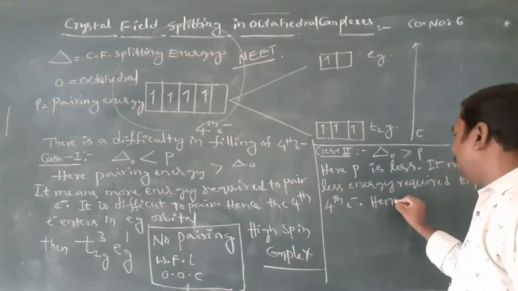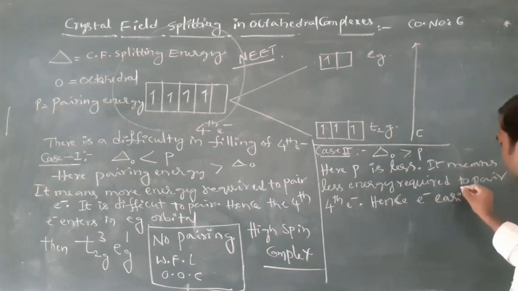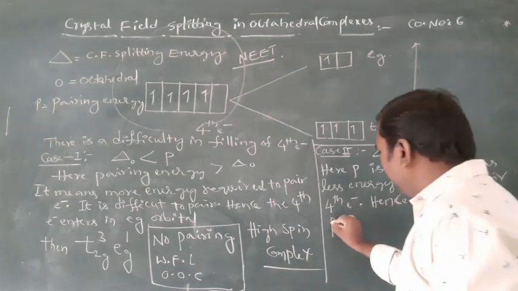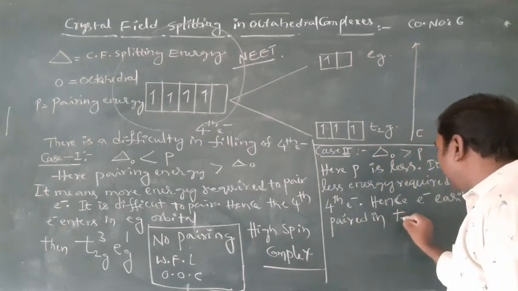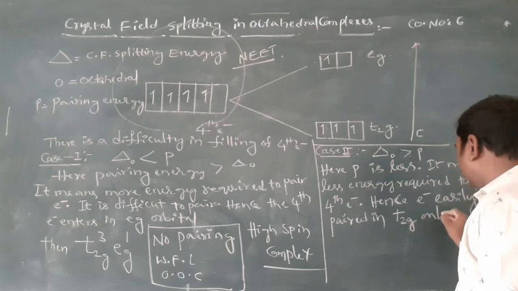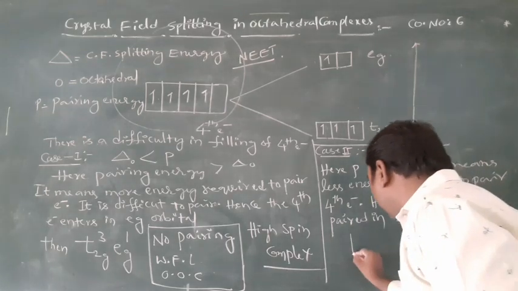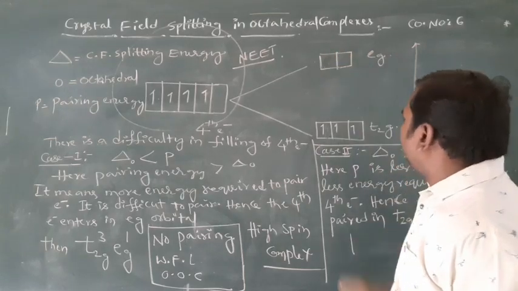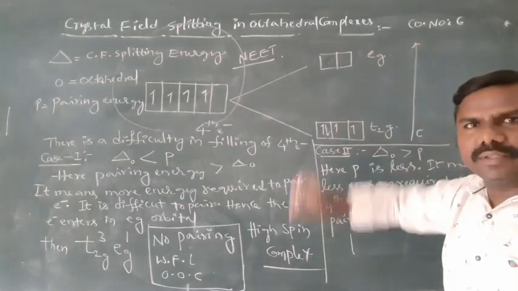Hence, the electron is easily paired in t2g only. The configuration is, because of less pairing energy the electron will enter here. Clear?